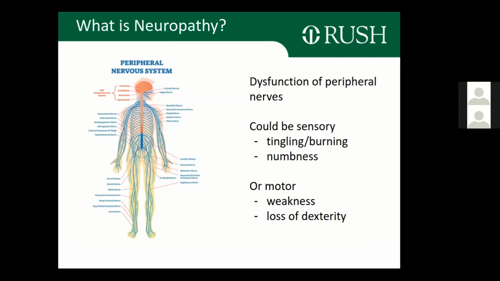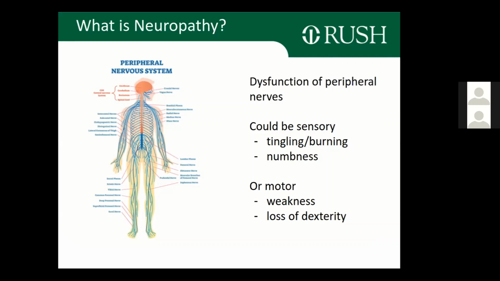So when we're talking about neuropathy, because it's such a big general term, we do have to add some descriptors to figure out what we're talking about. So we talk about sensory neuropathy, which means that the nerves that transmit sensation from your hands and feet into the brain, so your brain could recognize what's happening with your body, those nerves are affected.